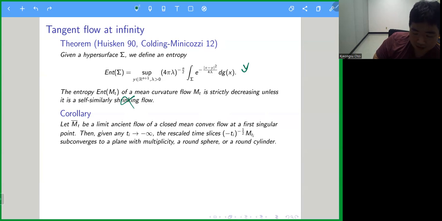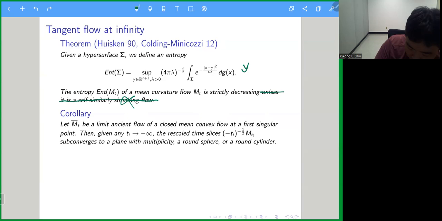And then the entropy is just a sup over the choice of rescaling and the choice of center of the monotonicity. Let me erase this part.